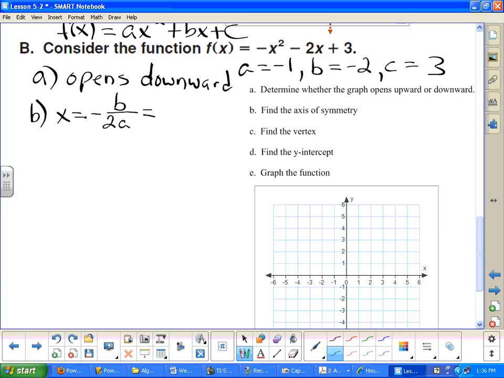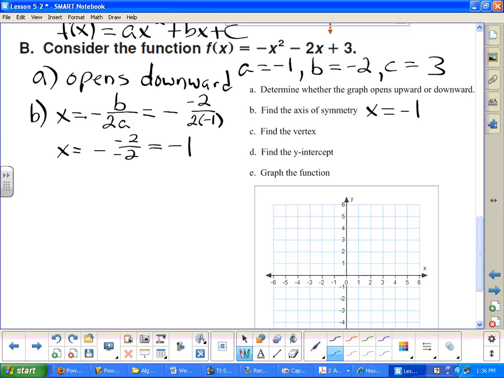Put -2 in for B and -1 in for A. So here we have the opposite of -2 over -2. So how many negatives do I have there? Which means it's going to be negative then. So this is -1. So the axis of symmetry, x equals -1.